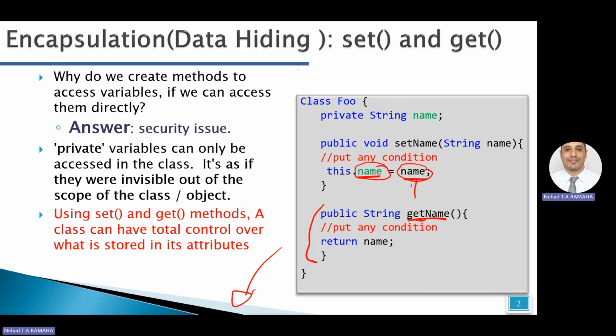Where does this one come from, and where does this one come from? What's the meaning of this keyword? It points to the object of the class. This means this object of the class.